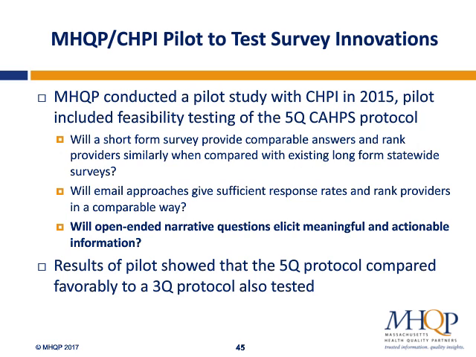We piloted a number of things in this study. One was looking at a shorter form and whether it could provide comparable answers and rank providers similarly. This was actually before 3.0 came out. We also looked at email approaches, whether they gave sufficient response rates and ranked providers in comparable ways. And for this call, the pertinent issue is whether open-ended narrative questions elicit meaningful and actionable information.